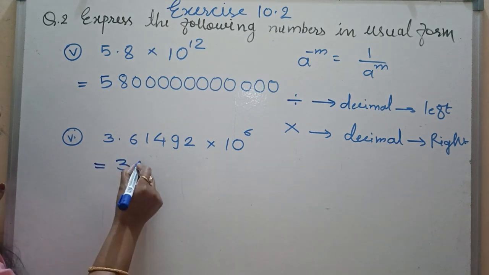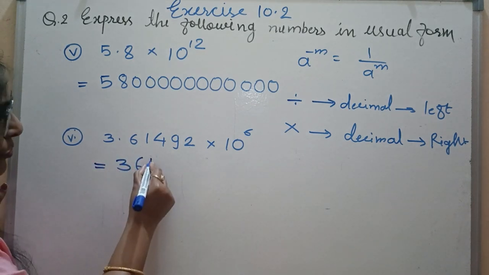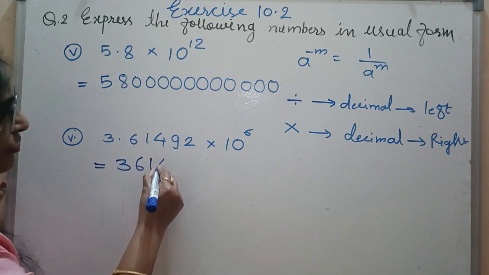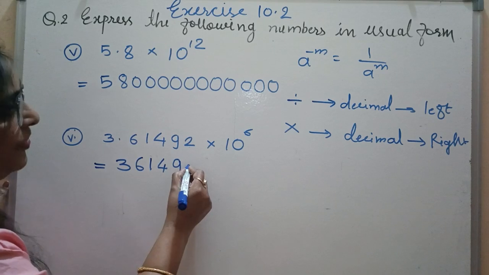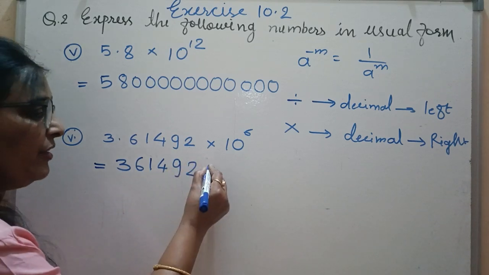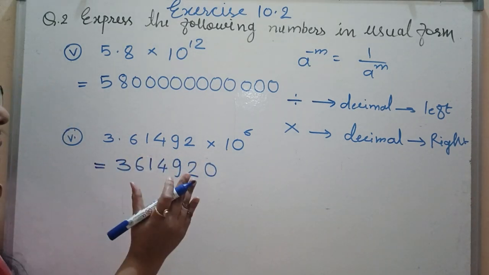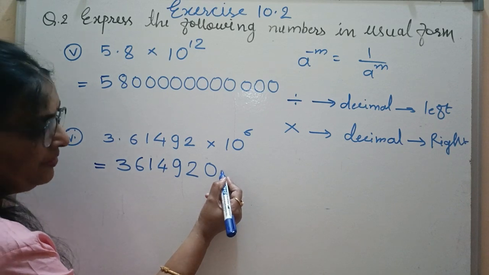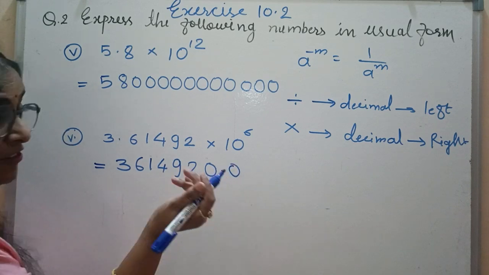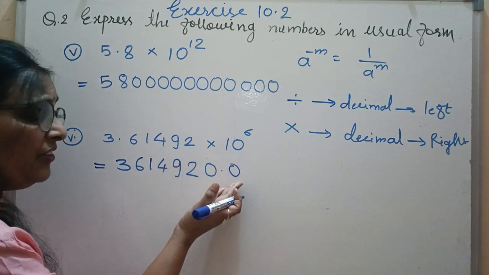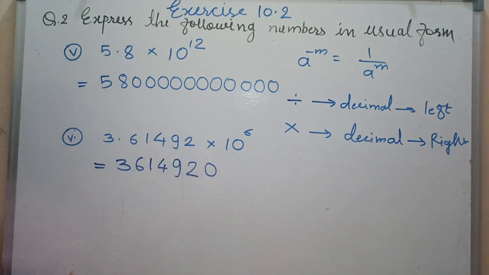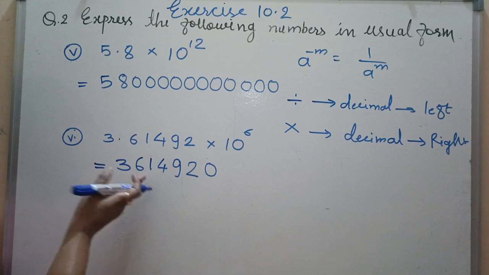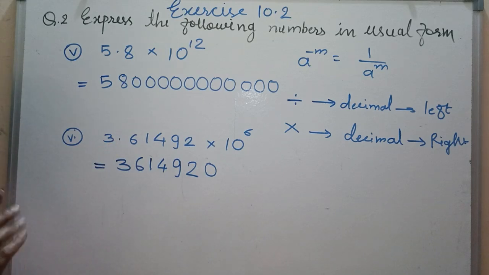After that 1 place, 2, 3, this 4, this 5 and we will keep 0. This is 6th place. After that is decimal point and then we can write here 0. But after that 0 only, therefore we are not writing this decimal point. Got it? So this is your answer.